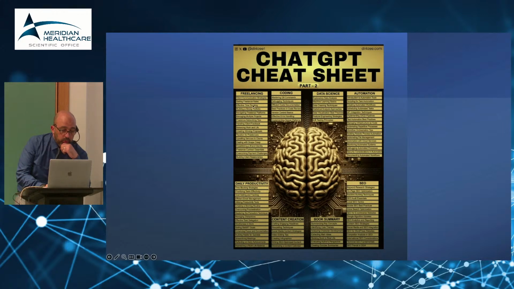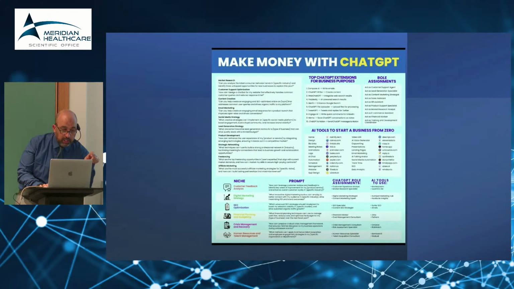So if you want to work as a freelancer, it gives you some ideas to use it as a freelancer in coding, in data science, automation, daily productivity, content generation, book summary, SEO, which is search engine optimization, how to optimize your search in search engines. So these are some of the ideas to use it in different areas and categories.